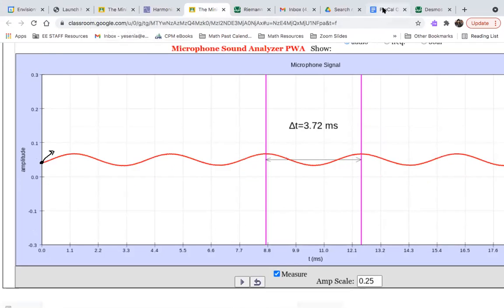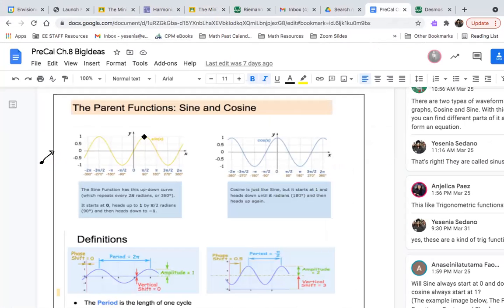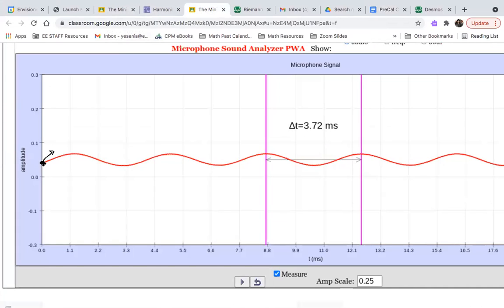So let me go back. So here starts at midline, goes up on the y-axis, right? So if I go back to yours, on the y-axis, yours is also starting in the midline and going up. When that is happening, you don't have a phase shift. Yours is also starting at the same location. So what would you say if you have no phase shift? What would you say your C is then?